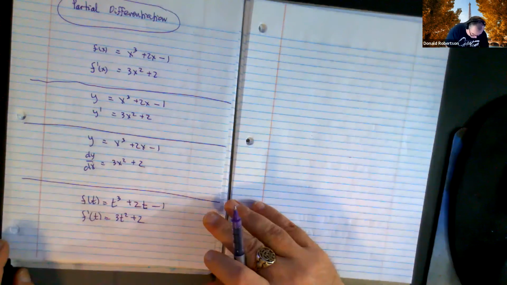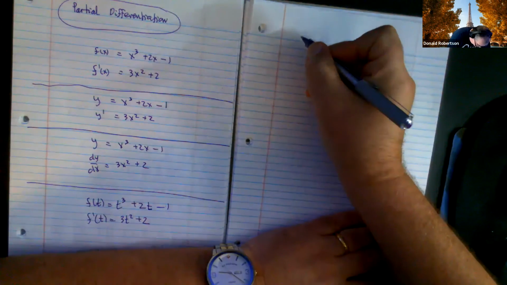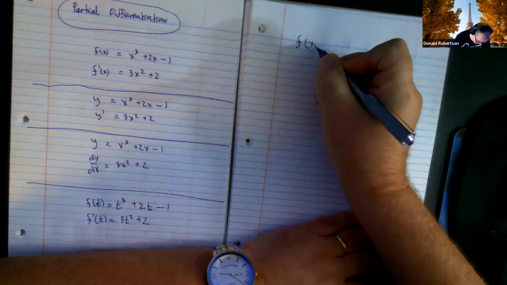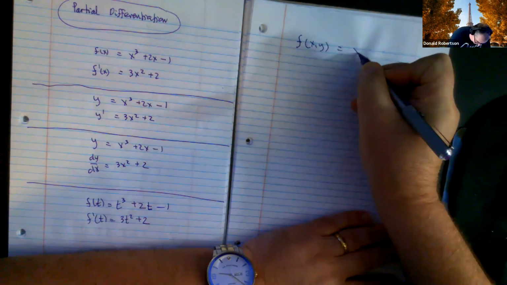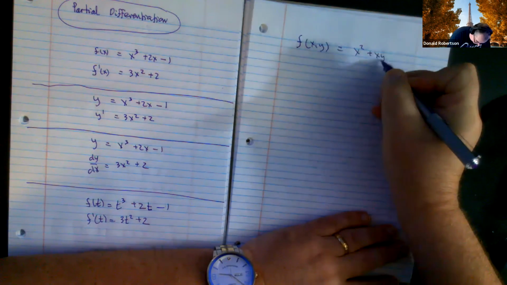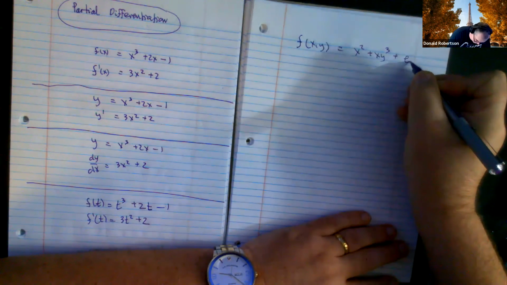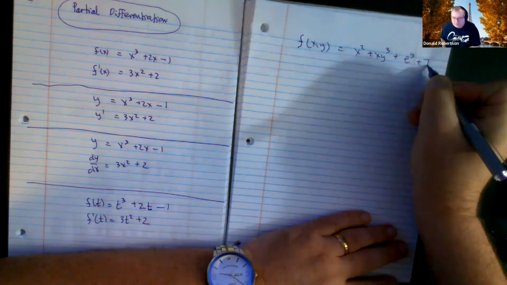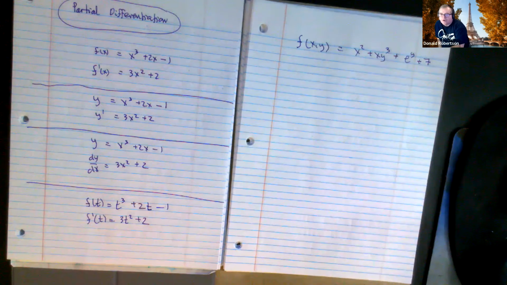So how does partial differentiation work? Well, it's got a major issue. There is an example of a multivariate function. Here's the first issue.